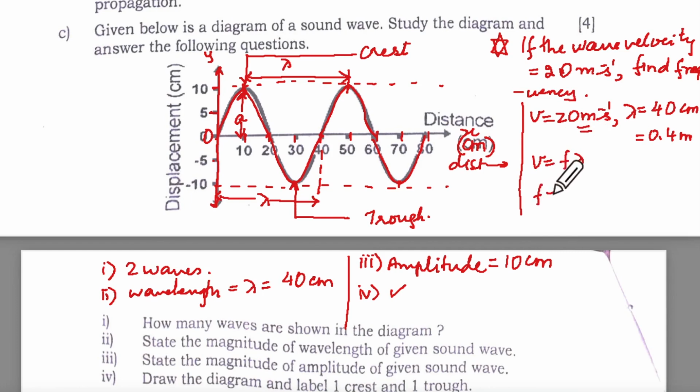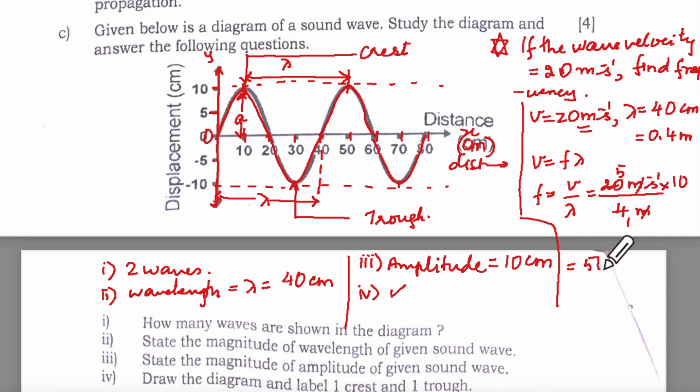So f will be equal to, take lambda that side, v upon lambda. So that will be 20 meter per second upon 0.4, which means 4 meter, and 10 goes up here. So 4 ones and 4 fives. How much are we getting frequency as? Meter also got cancelled, and I got 5 per second, which means what? Hertz.